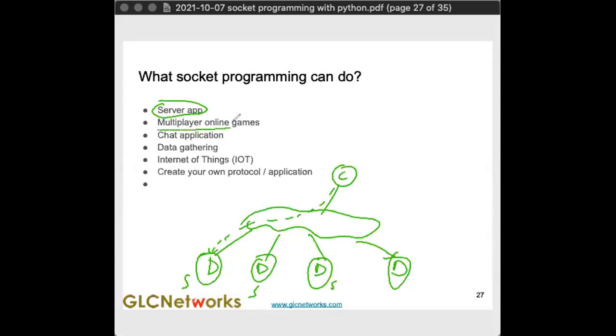Others you can build online games, chat applications, data gathering, IoT. This is important. For example, I developed socket programming on a Raspberry Pi.